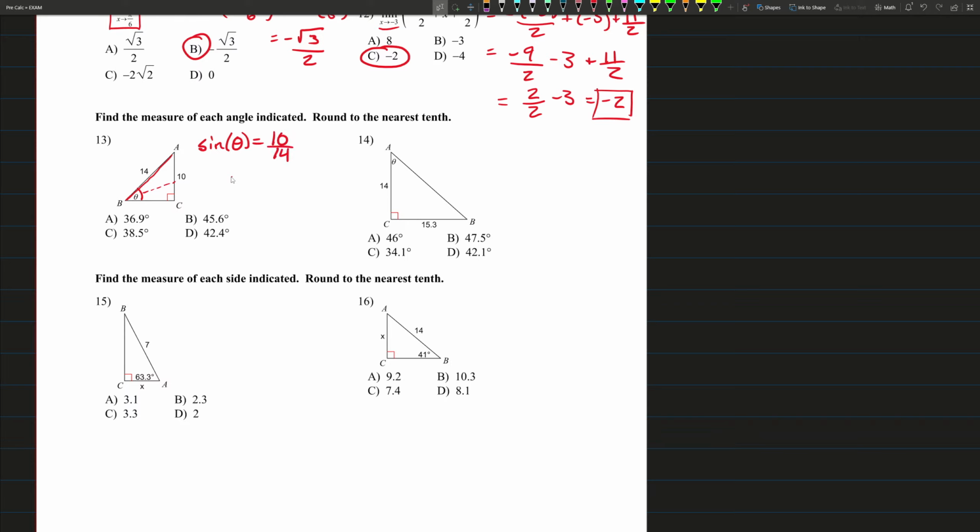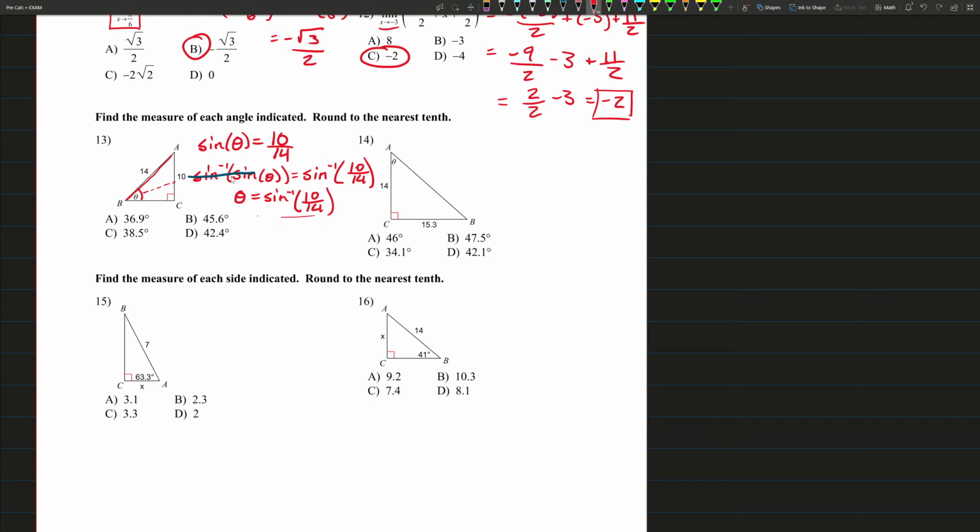In order to find the angle theta, we want to use a little bit of inverse trig. So we're taking the inverse sine of both sides. These sines cancel out, so we have theta is equal to the inverse sine of 10 over 14.